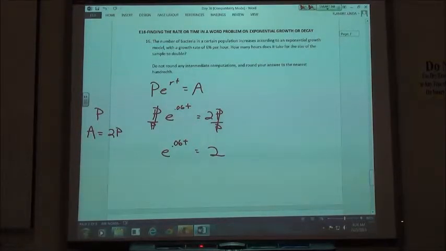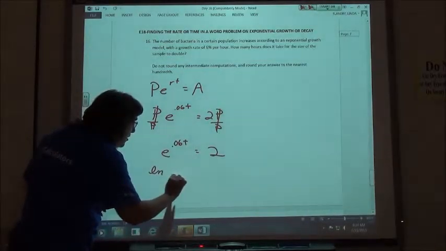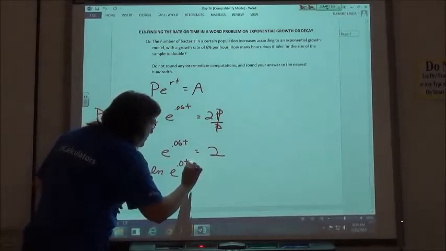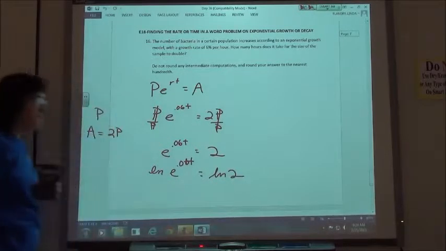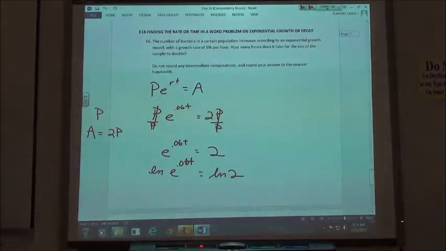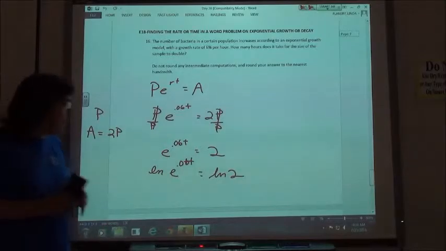Not the log, but the natural log, right? Since it's base e. So we're going to take the natural log of both sides. Natural log of e to the 0.06t equals the natural log of 2. We do that so that we can then move our exponent out in front.